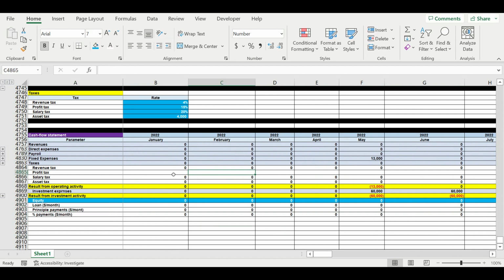So now we can calculate profit tax. I will write a formula.